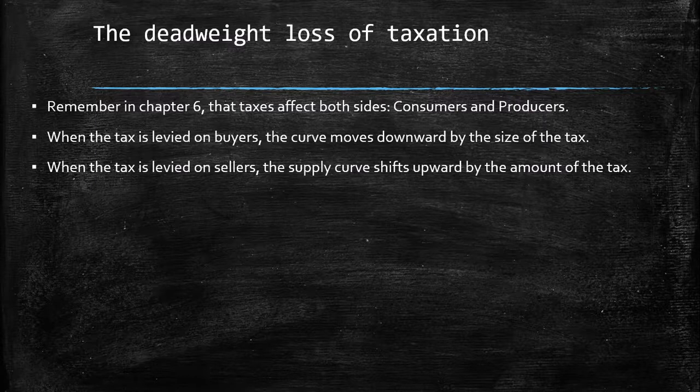It just depends on how it's split between both sides, which depends on the elasticity of each curve. If you have any doubt, you can go to Chapter 6 to understand a little more about this. But the main point is that taxes affect both sides.